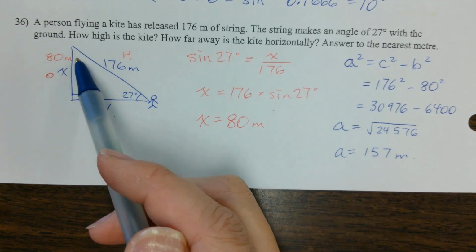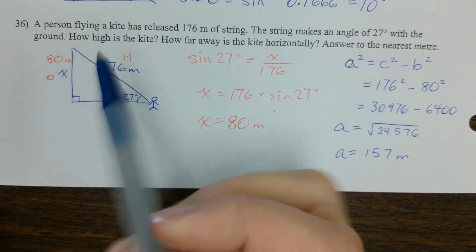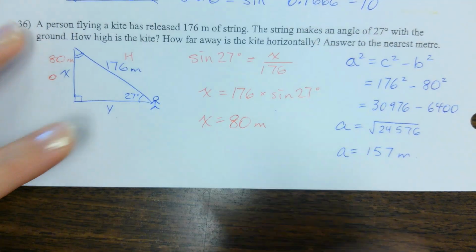With sine law, you first had to find this angle: 180 minus 90 minus 27. And again, another silly question: how do I know what this angle is?